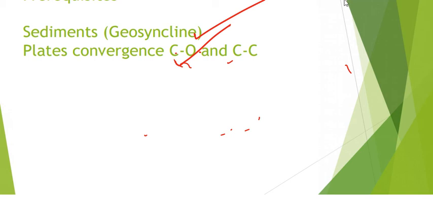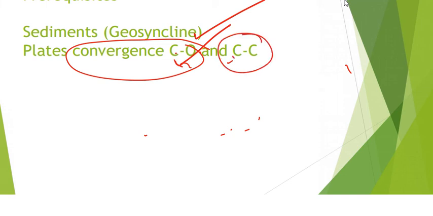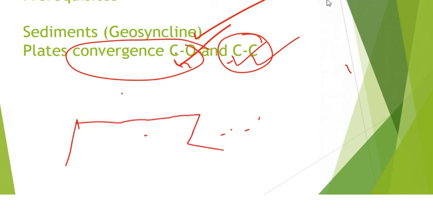Okay, the next biggest topic is convergence of continental and oceanic plate, and convergence of continental plates. First, what is this? There are two crusts, right? One is continental and the other one is oceanic.